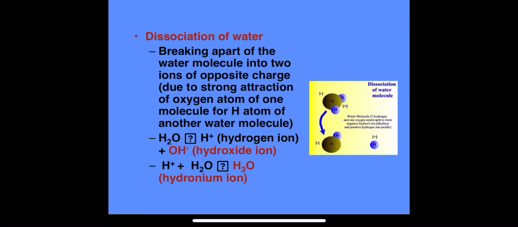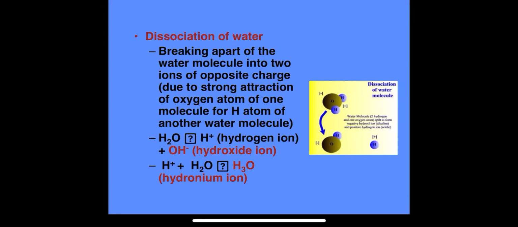Dissociation of water is the breaking apart of the water molecule into two ions of opposite charge due to the strong attraction of the oxygen atom of one molecule for the hydrogen atom of another water molecule.